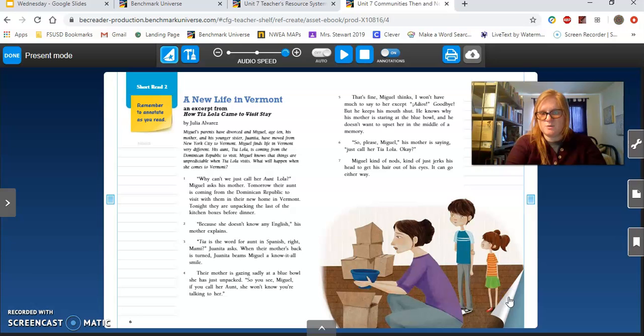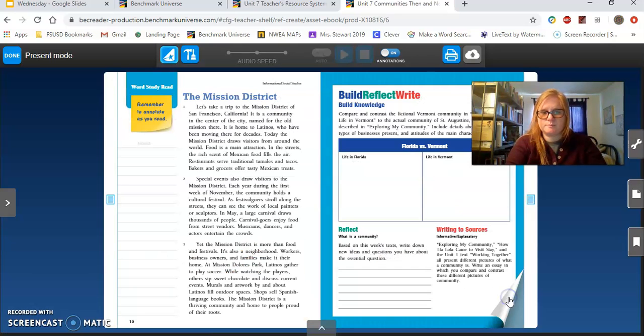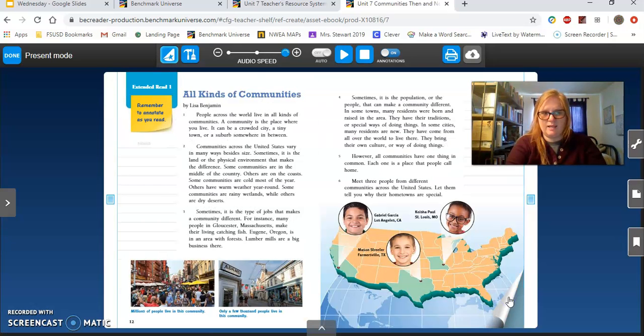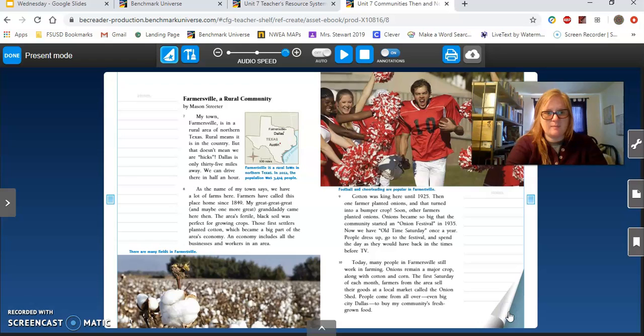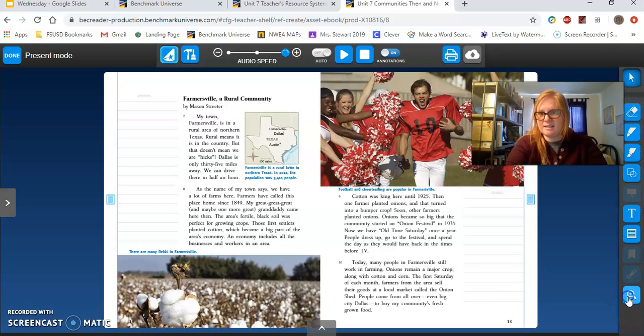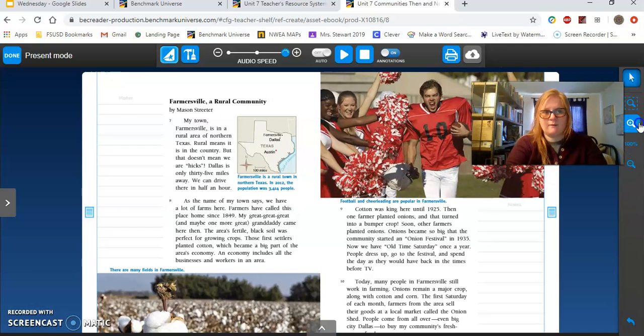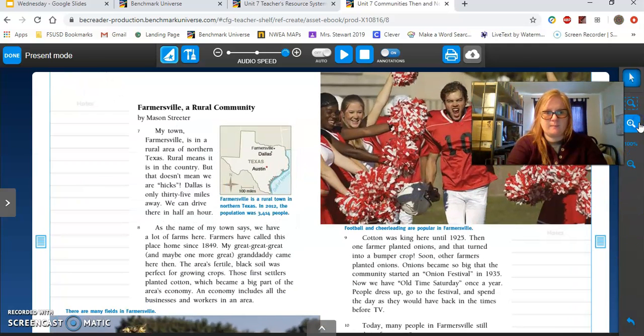I got to get to page 12. Okay, all kinds of communities. Now I'm looking and, oh, 7 and 8 aren't on this page. So let me go to page 14. I'm going to zoom in so that way I can see it better. Now, this is the map that I'm referring to when we're talking about the picture.